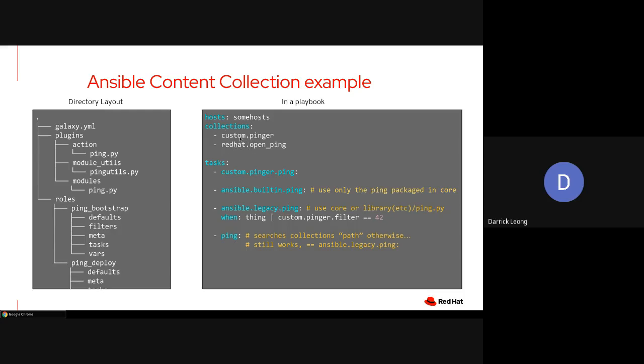So once you do the Red Hat open ping, you will look into the collection at open_ping, and within it, that is where you just need to call the modules that are within the collection itself, and then use it from there. So that is how you will consume the collection itself.